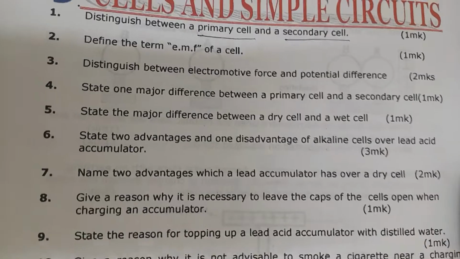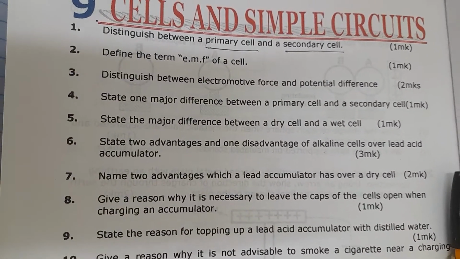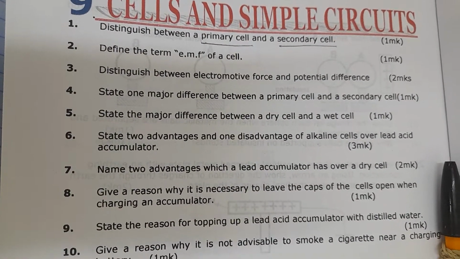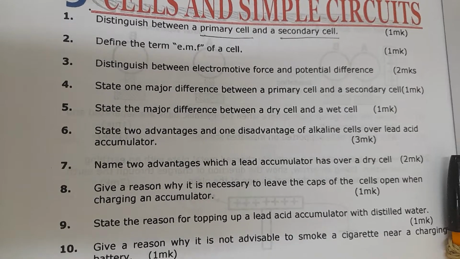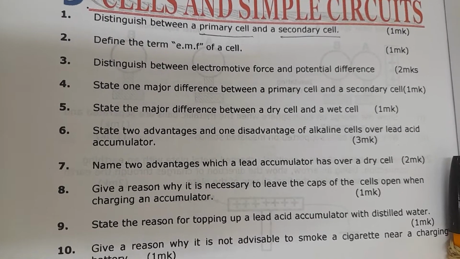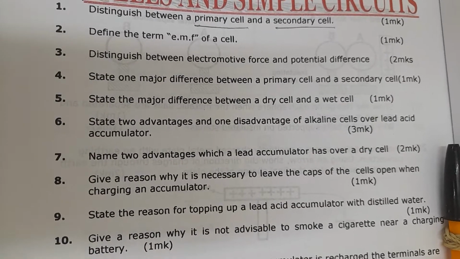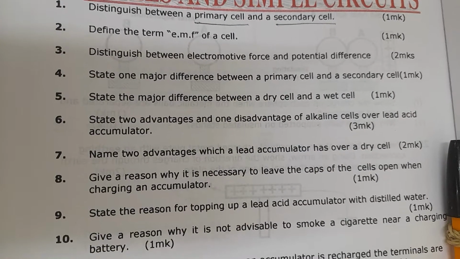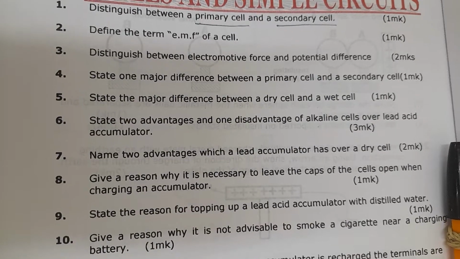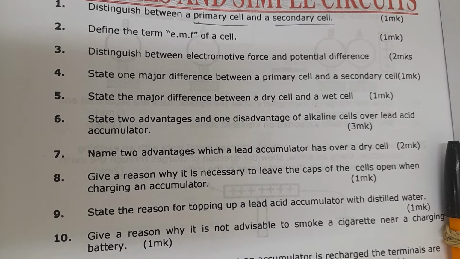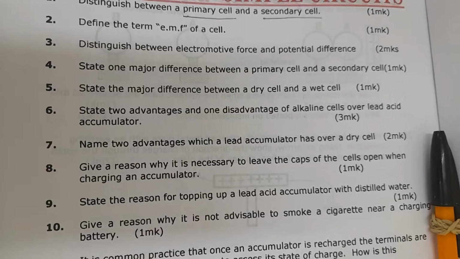For example, if you have two cells in series, the EMF would be 3.0 and the potential difference may be 2.4. Then the difference between the two is 0.6. So the lost voltage is 0.6, maybe due to internal resistance.